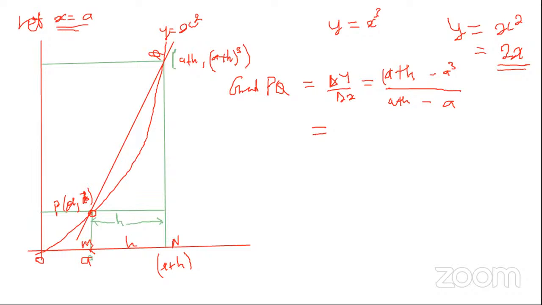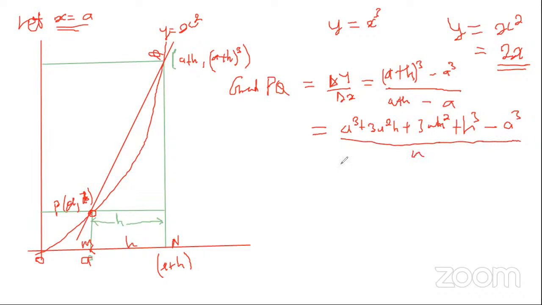Then you get a cubed plus 3a squared h plus 3ah squared plus h cubed. Then we subtract the a to the power 3, and this will be divided by h.